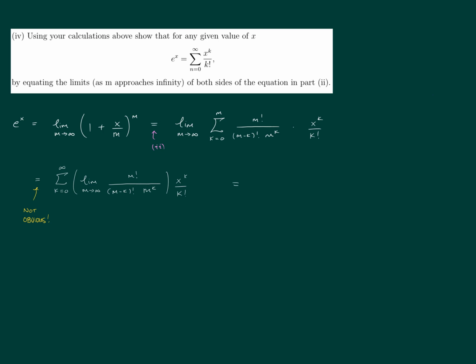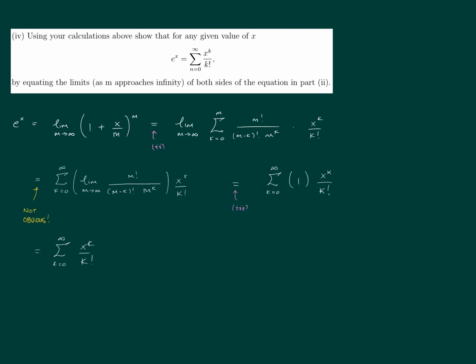This is equal to, by part 3, that limit I have in brackets is just 1. So this is the sum from k equals 0 to infinity of 1 times x to the k over k factorial, which is just equal to the sum k equals 0 to infinity of x to the k over k factorial.